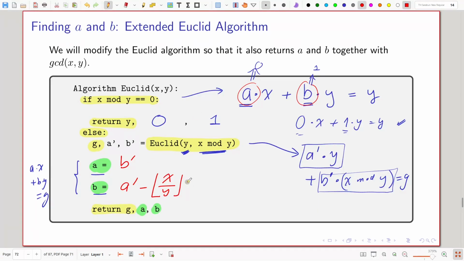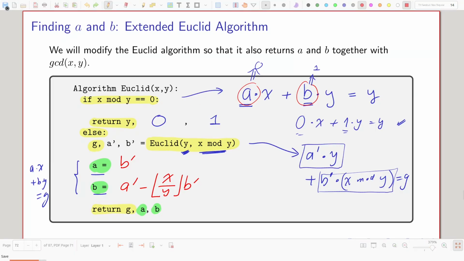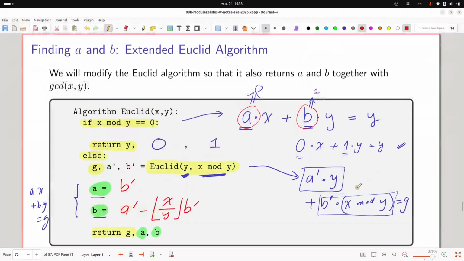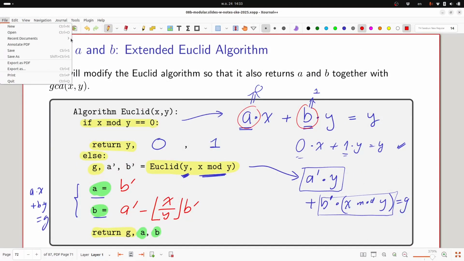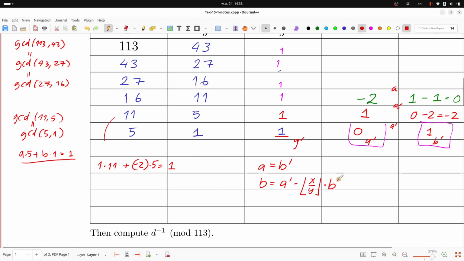It seemed to be too simple, and yeah, I was wrong actually. Okay. So there should be b prime over there too. I'll show you the formula soon. So let me try to correct what I've done. Times b prime.